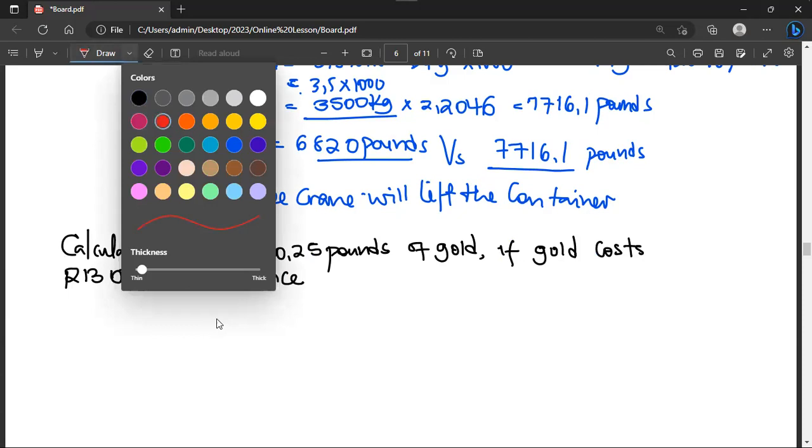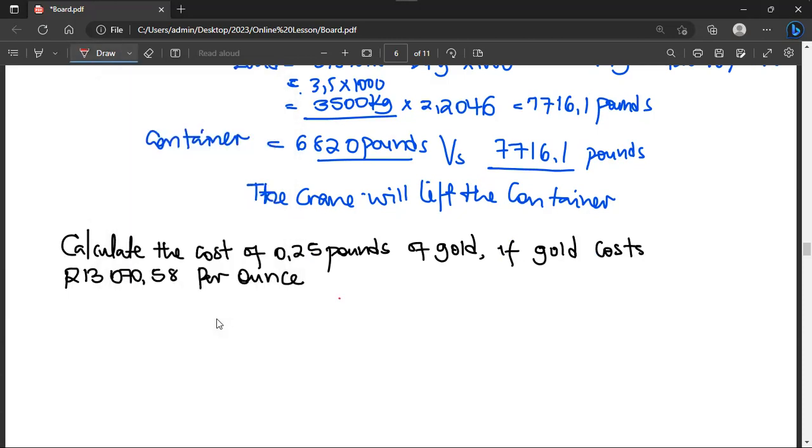All right, what I want you to take note of, the cost of 0.25 pounds, and the cost is charged per ounce. So the gold has to change into ounce. This is what we are going to do.